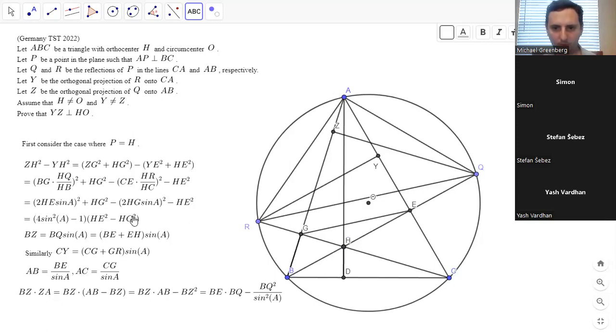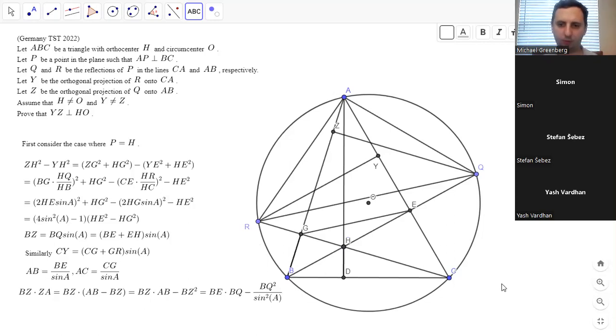So BQ, and yeah, we know this is cyclic, right?